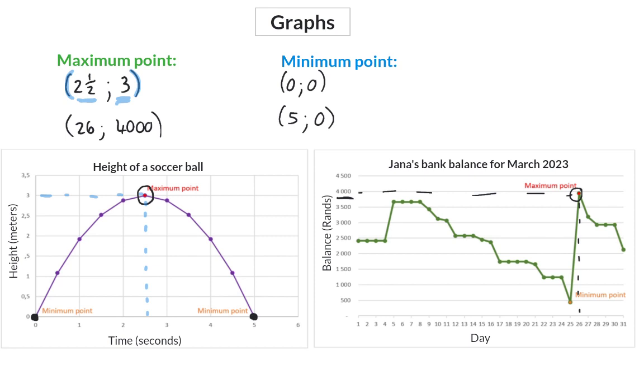For the graph of Jana's bank balance, there's only one minimum point, and that minimum happened on day 25, and on this day she had 500 Rand in her account. In the next video, we're going to interpret graphs and make some deductions using the graph.